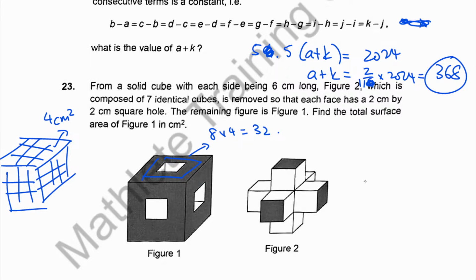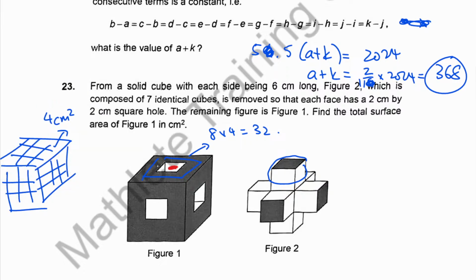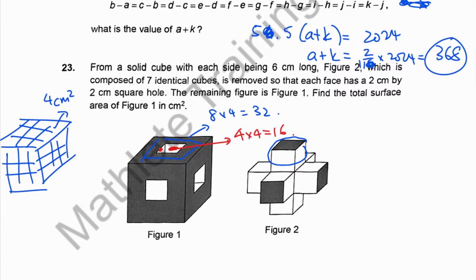Okay, and then if you think about it, the only surfaces that are remaining are these things, right? The 4 that are on each side. If you hollow out the side, then that will be it. So these surfaces, I don't know how to represent this, like this one and the ones inside here. So that's another 4 times 4, which is equal to 16. So the total here is 32 plus 16, which is 48.